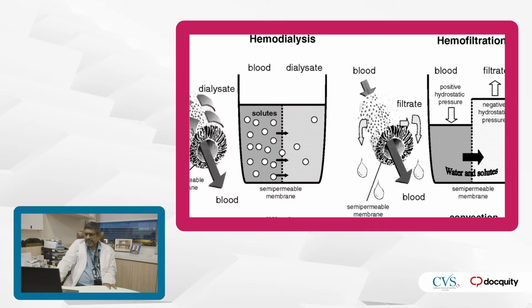Okay, so this is again the same thing the diagram shows. Basically, hemodialysis is solutes moving from higher concentration to lower concentration, whereas in hemofiltration, a positive hydrostatic pressure pushes water across a semi-permeable membrane, which is your dialyzer, and because of the hydrostatic pressure, the water goes into the other compartment, dragging the toxins together.